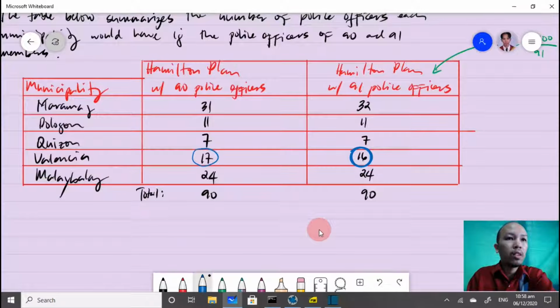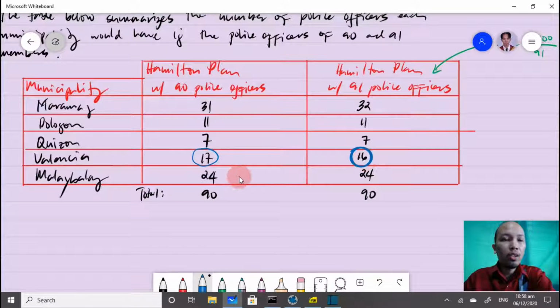When there are 90 police officers, for Dologon we have 11; here 31, 11, 7, 17, and 24. But when the province of Bukidnon plans to add one more police officer, Maramag gains 1, but Valencia loses 1.